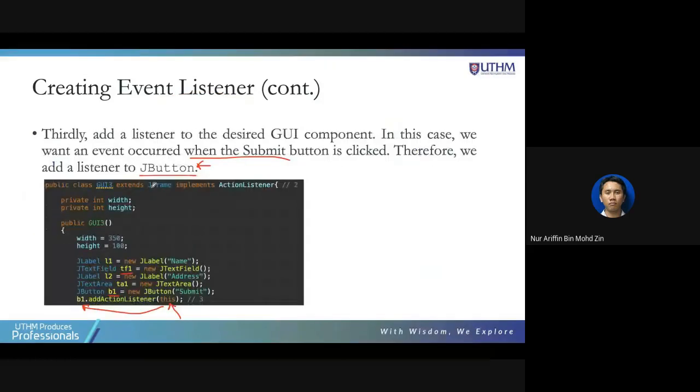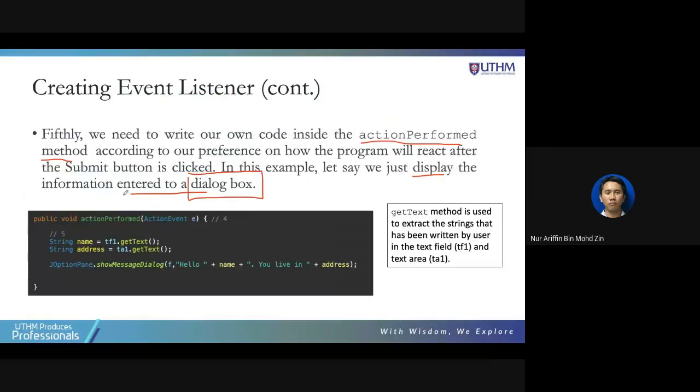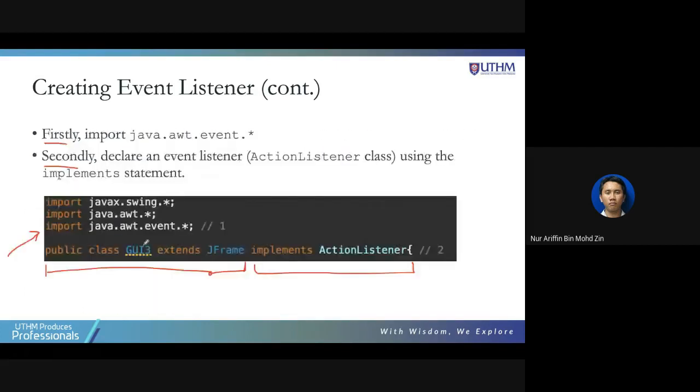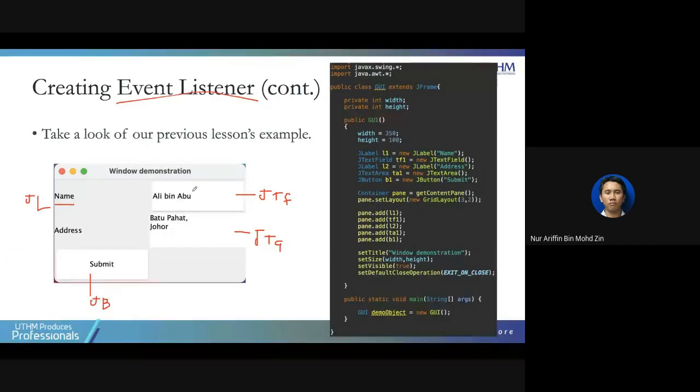That's why over here we put tf1.getText. getText is a method. As the name suggests, getText means that this function will obtain whatever information has been written inside the JTextField.